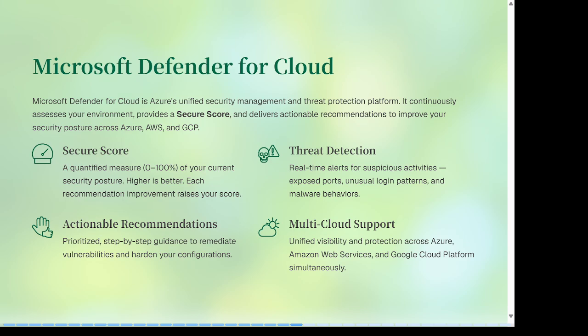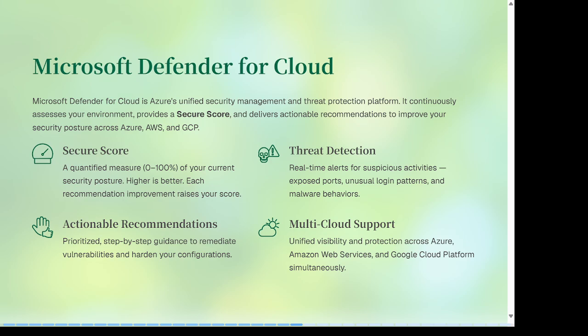Microsoft Defender for Cloud. If you remember one idea from this slide, it should be that security is not just about prevention, it is about continuous monitoring, detection and improvement. That is exactly what Microsoft Defender for Cloud provides. What is Microsoft Defender for Cloud?